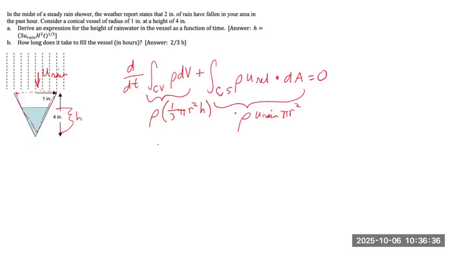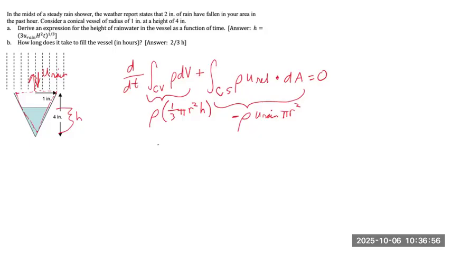Basically, this one is going to be negative as well, since the rain is falling through the control surface, and the vectors of U rain and the vector of the control surface pointing upwards are opposite each other.